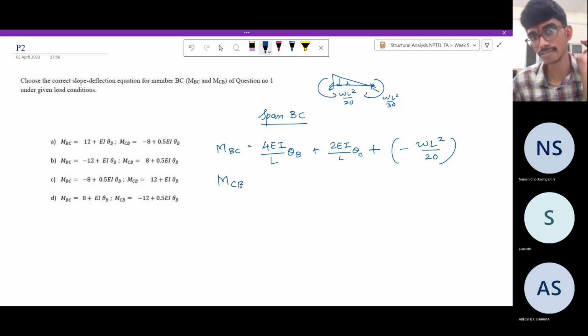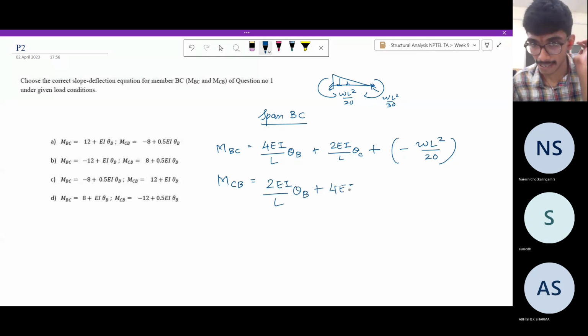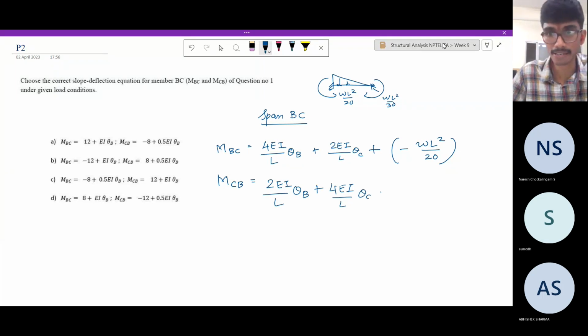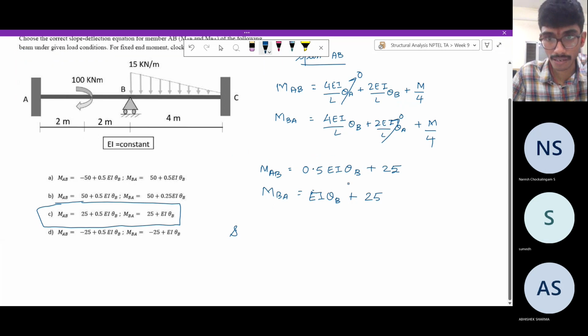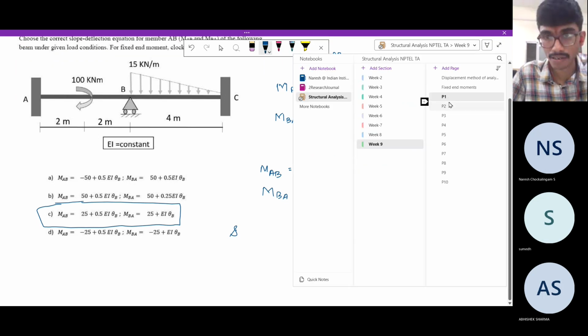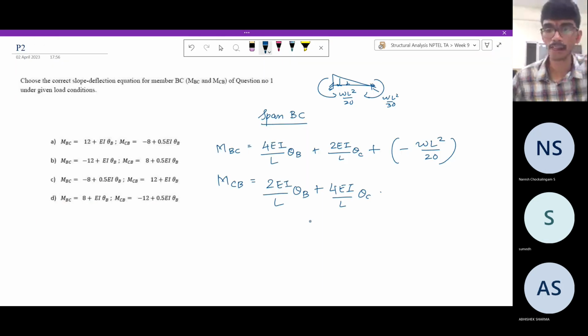And MCB is nothing but 2 EI by L theta B plus 4 EI by L theta C. This moment is in the clockwise direction, so it is positive: plus WL square by 30.